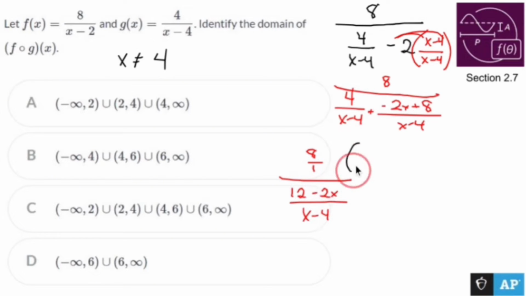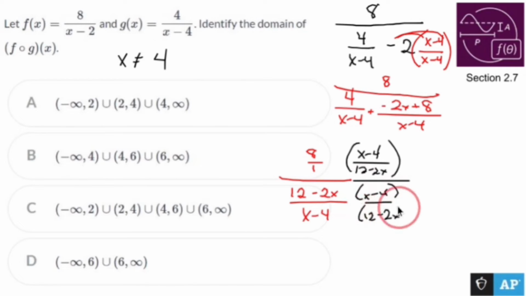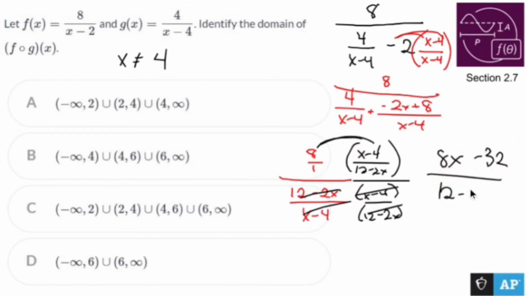So I'm going to multiply this by x minus 4 over 12 minus 2x. What that does, all of this cancels out and leaves me with 8 times x minus 4, not that that really matters, over 12 minus 2x.